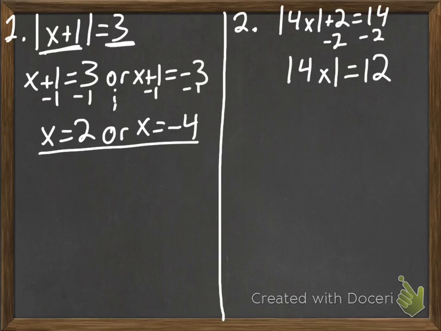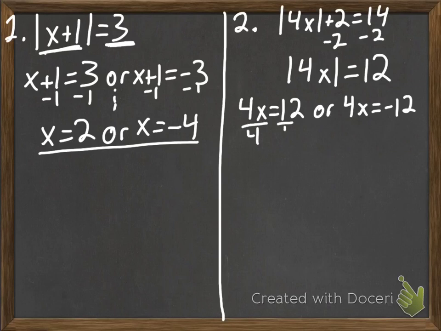Now we can start performing the absolute value process. We see that 12 is positive, so we can say that 4x equals 12, or 4x equals the opposite of 12. And then we solve.